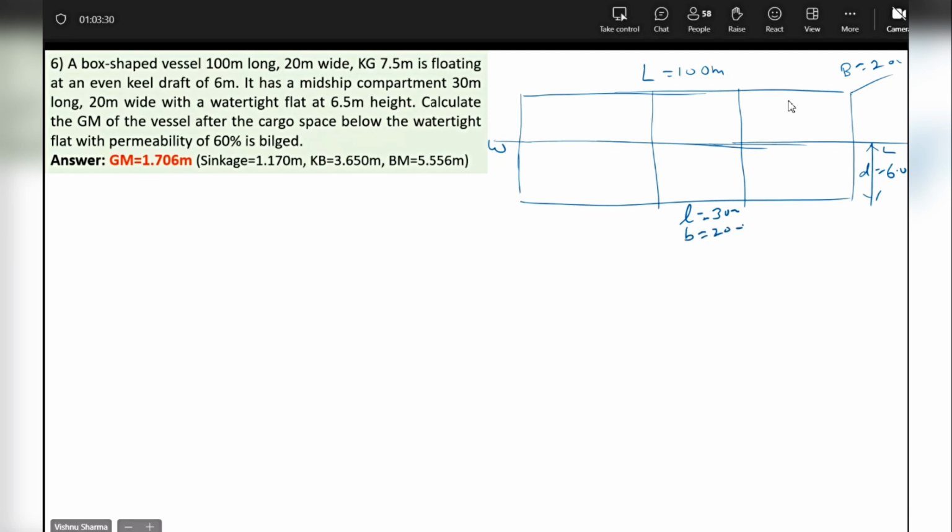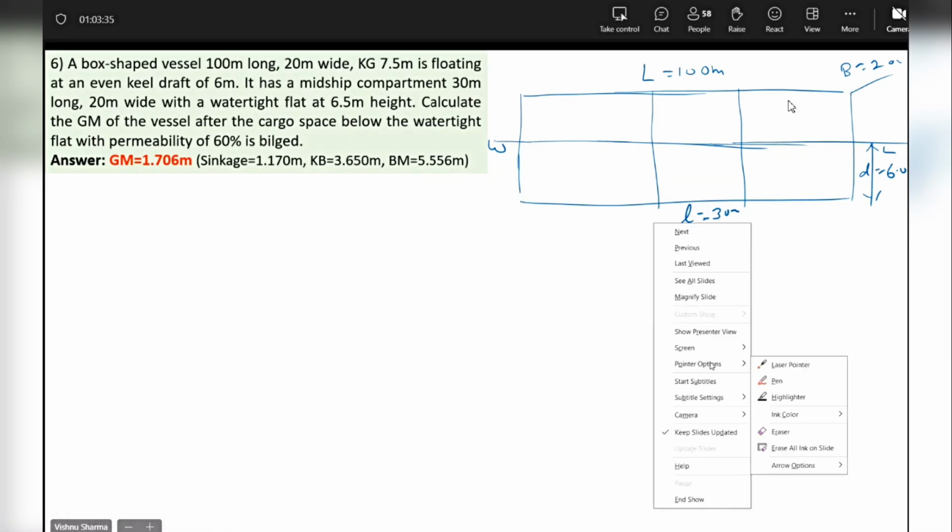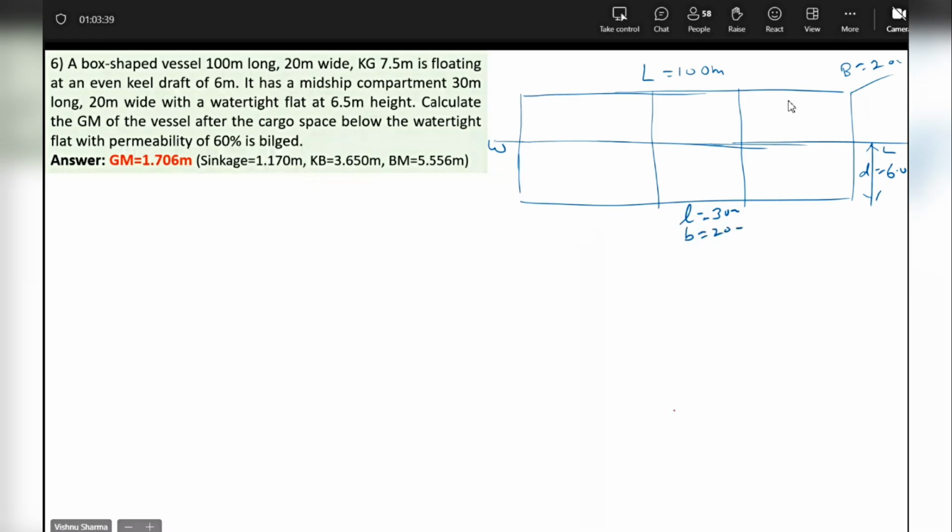It has a watertight flat. Let me use a red marker just to highlight the flat. It has a watertight flat at a height of 6.5 meters. So H, instead of 2 meters as was in the double bottom, now becomes 6.5 meters.